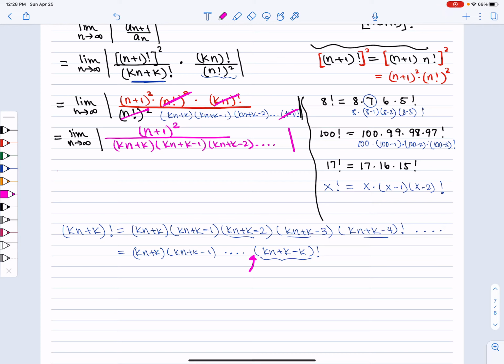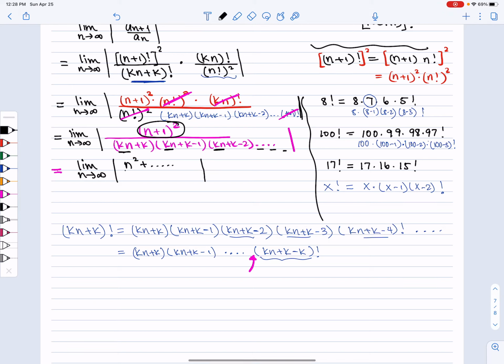Well, it's not going to matter much, and I'll tell you why. If you start multiplying all of the first terms, you are going to have the limit as n is approaching infinity of the numerator, n squared plus something, 2n plus 1.